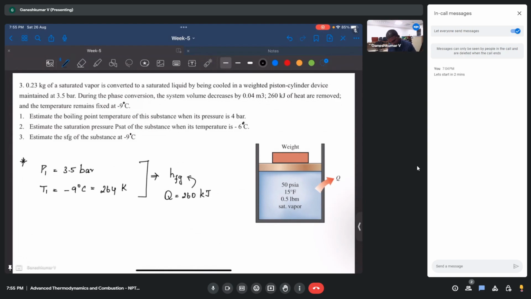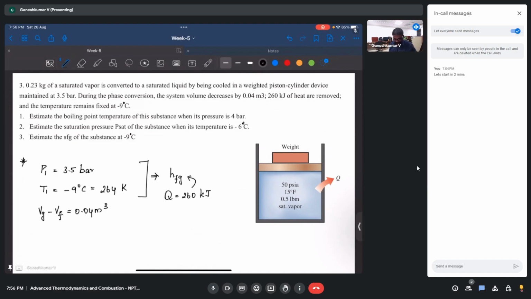We also know the system volume decreased. I'm using capital V here because it's a volume, not a specific volume. The volume change is V2 minus V1, or Vg minus Vf, since Vg is going to be higher, and it is 0.04 meter cube.